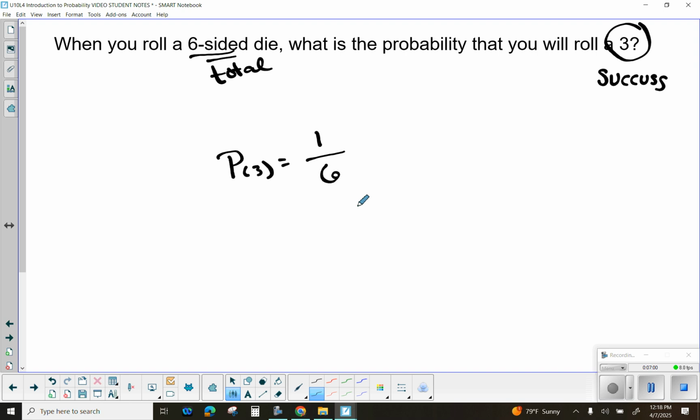Therefore, my probability is 1 in 6. Did I roll the dice? No, I didn't. So this is called theoretical, because I didn't do anything. I know something about a dice that helped me get my answer.